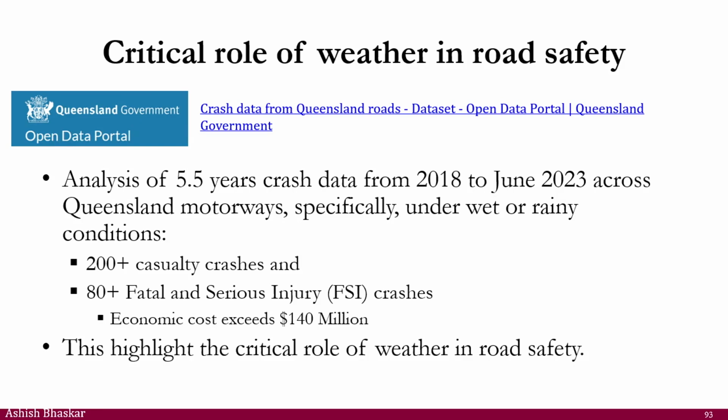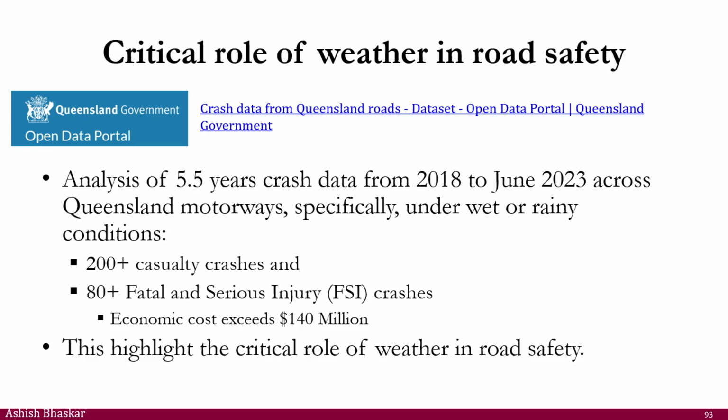The Queensland road accident data set is available on an open data portal. Anybody can download it for analysis, but I'm not here to advertise this. For the last 5.5 years of crashes, from 2018 to 2023, only on the motorways, we have 200 plus casualties under wet or rainy conditions.